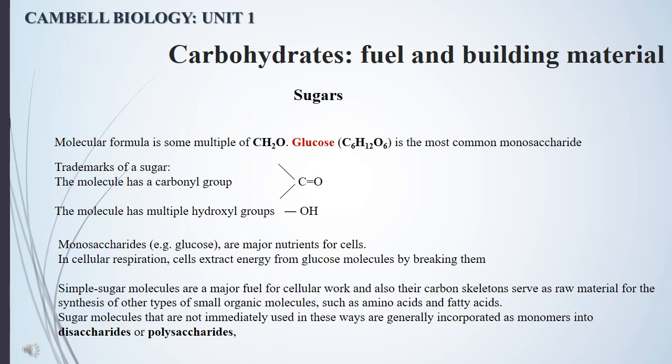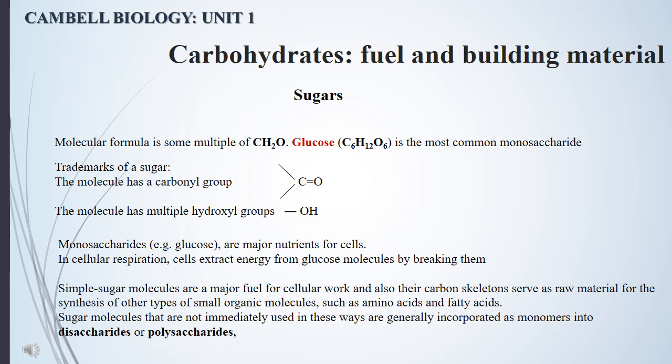So besides being a major source of energy for the cells, the carbon skeleton of a sugar acts as a raw material for synthesis of other types of small organic molecules, such as amino acids and fatty acids.